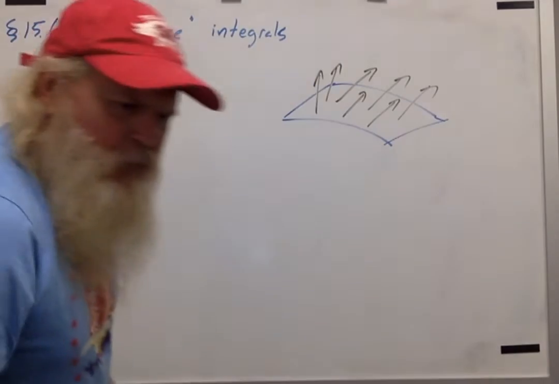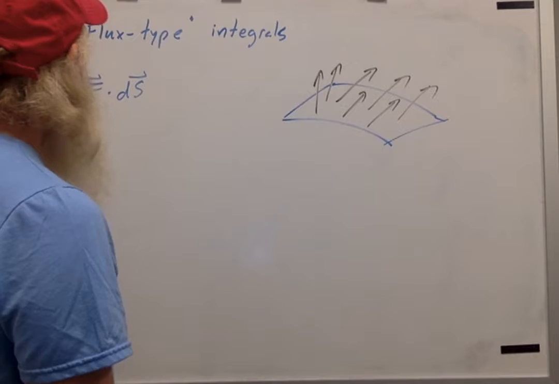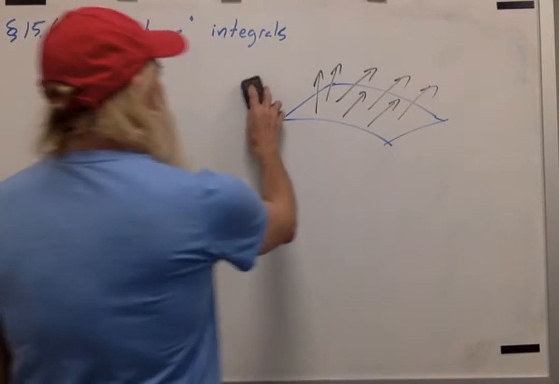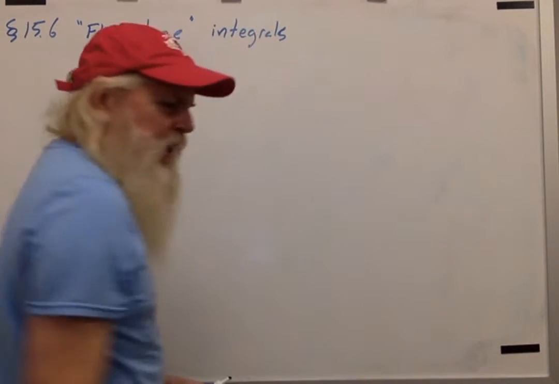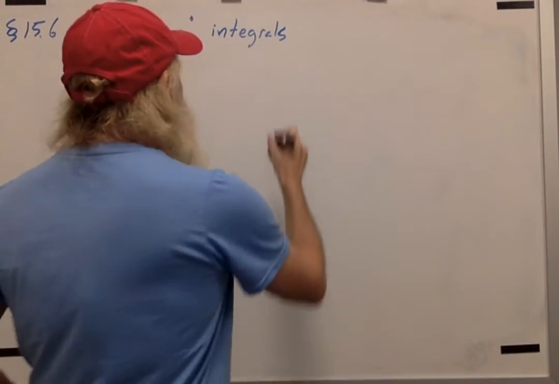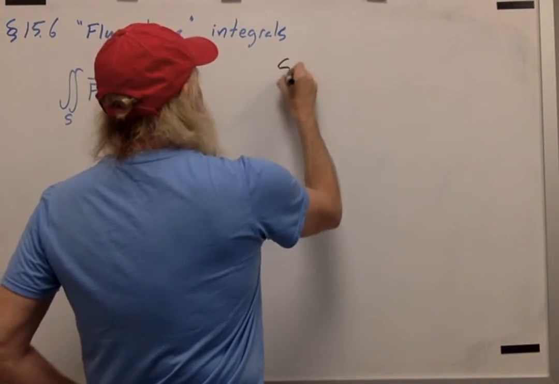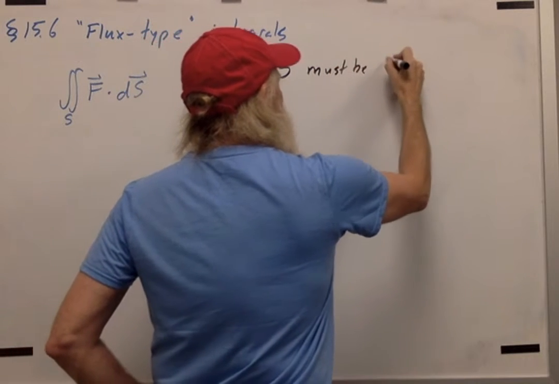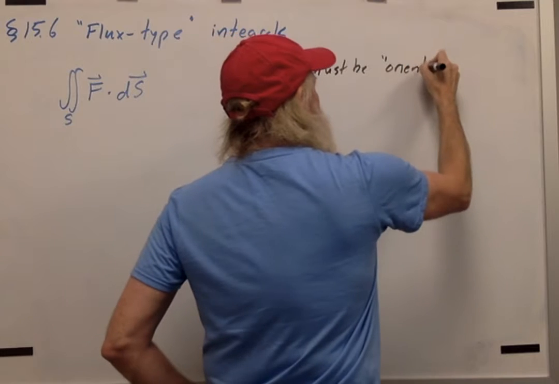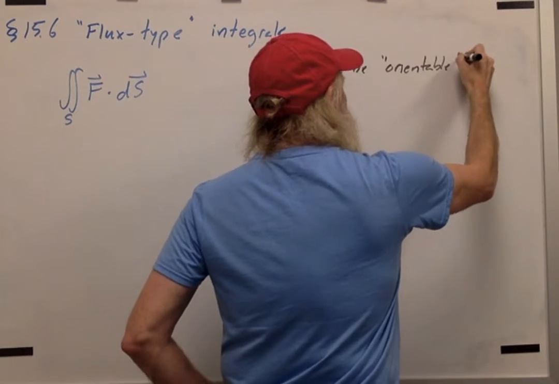So one thing that we have to worry about that we've not had to deal with before is that these flux-type integrals are only defined on what are called orientable surfaces. So the surface S must be orientable.